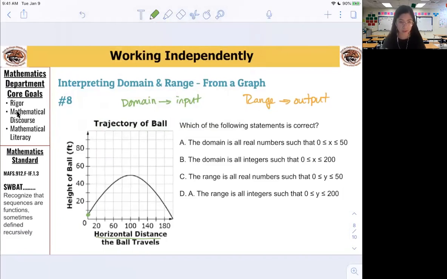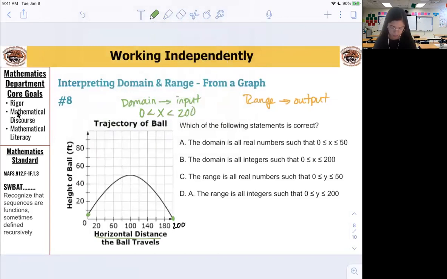And then it goes up and it comes back down, and we end up at 200. So I'm going to go ahead and put that 200 down because it's not written, but that is 200. So my domain, my x values, my inputs go from 0 to 200. So I know that my domain is 0 less than x less than 200.